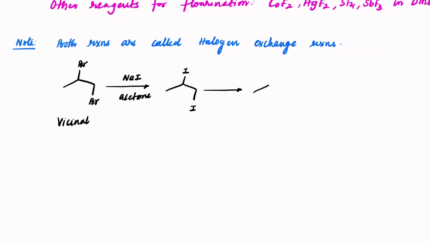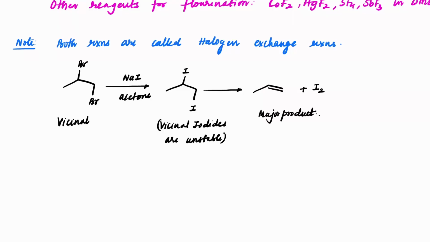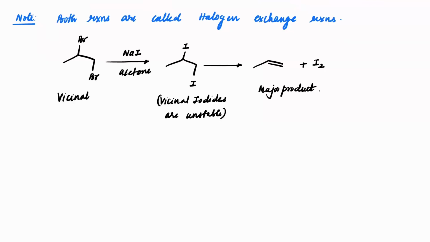And you need to learn that vicinal iodides are unstable. They will easily convert into I2 and alkene. So you will report this as the major product. You will not report alkyl halide, but you will report alkene as a major product.